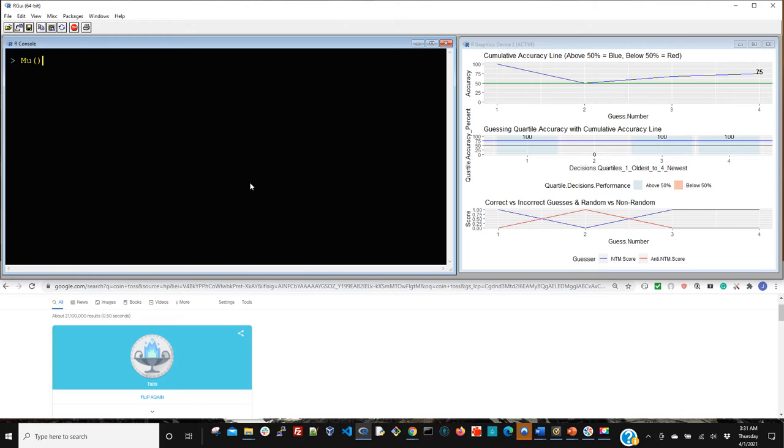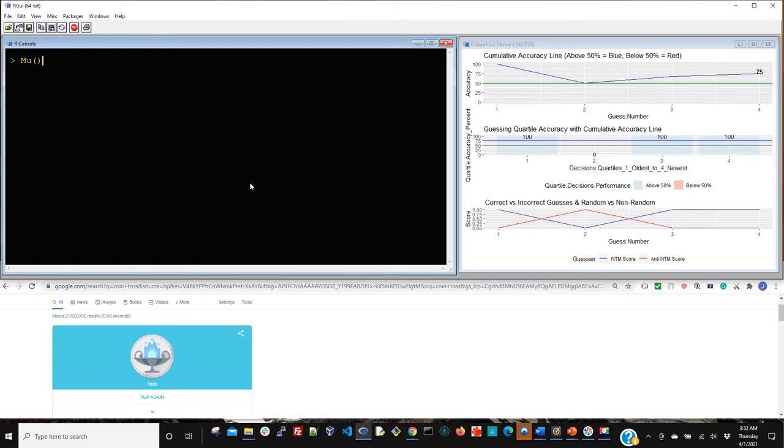So for instance, if we flip a coin and we call heads true and tails false, and let's say moo guesses that the outcome of a coin toss will be true. It's guessing that the outcome will be heads.